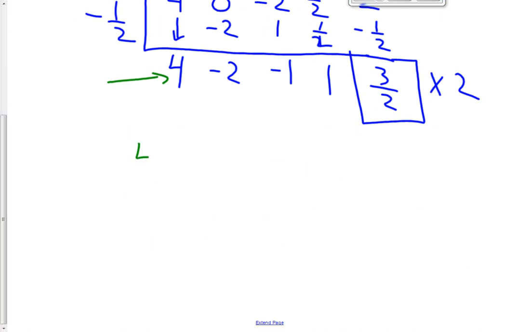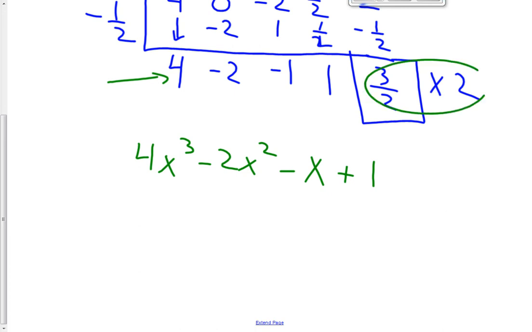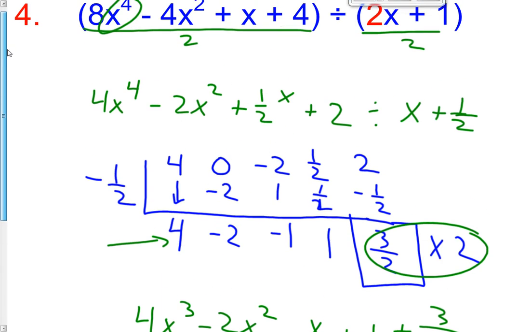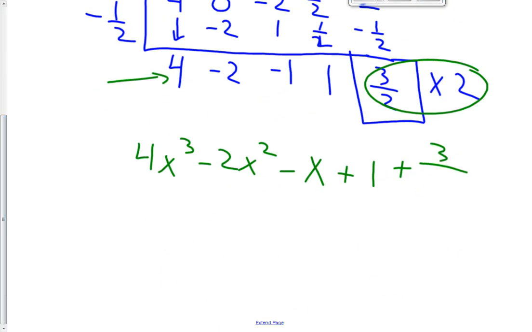So we have 4x cubed minus 2x squared minus 1x plus 1 for a constant term, with a remainder of a positive 6 over 2, which is 6 divided by 2 is 3. So plus 3 over our divisor of 2x plus 1.